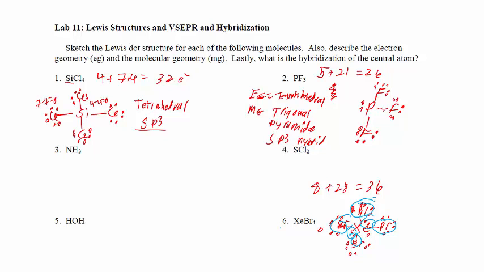So it's clearly the e.g. octahedral. Molecular geometry is square planar.